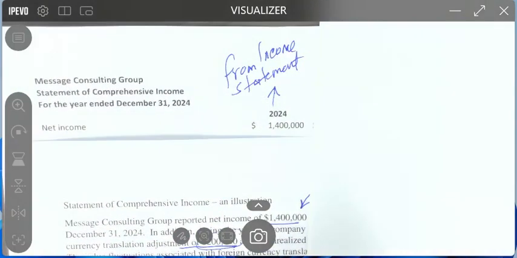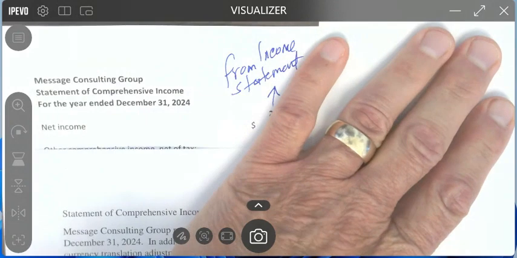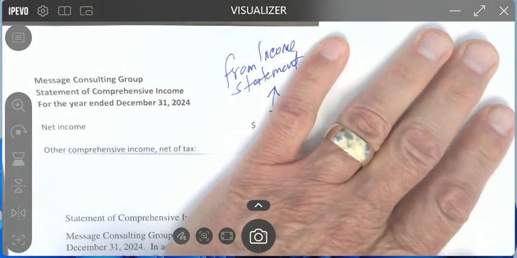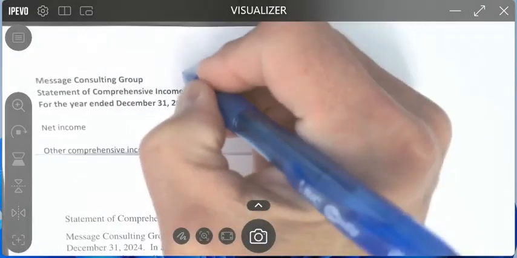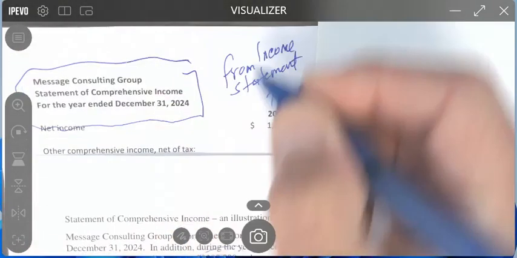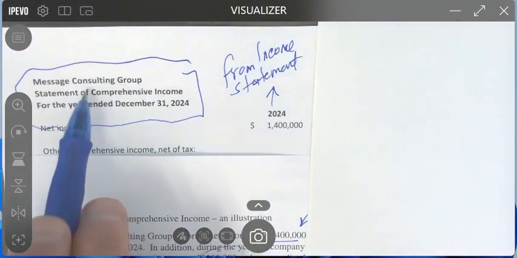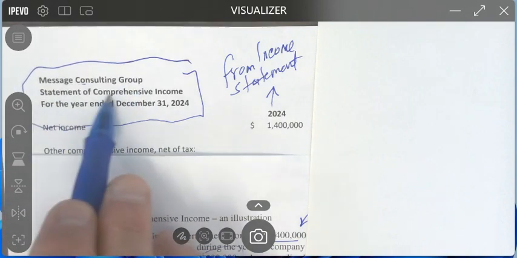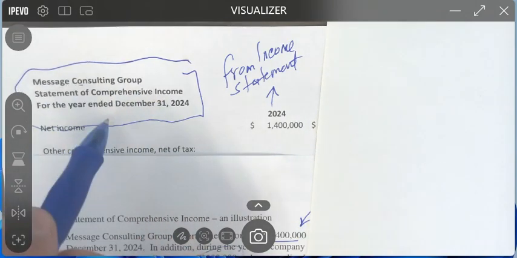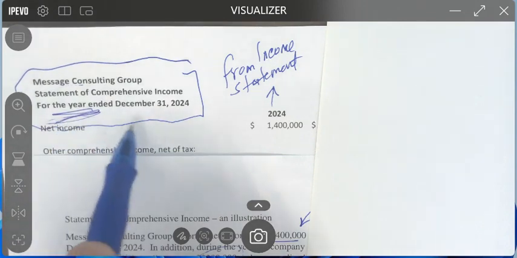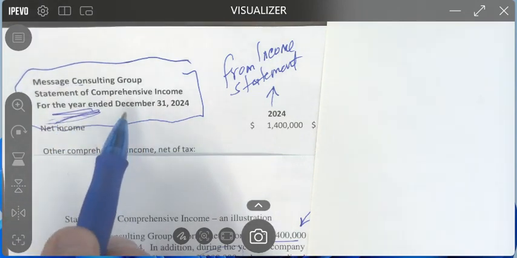And remember, we have the foreign translation gain of $200,000. So here's the section on the statement of comprehensive income. And by the way, remember we have our title for the statement here: Message Consulting Group Statement of Comprehensive Income for the year ended, it's a period of time financial statement, December 31, 2024.